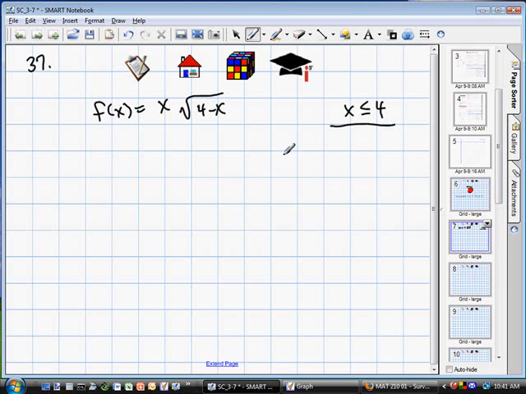Okay? Let me ask you this. When is the function equal to 0? So these are the zeros of the function. This is easy. Tell me, when is that equal to 0? One of them is when x is 4.